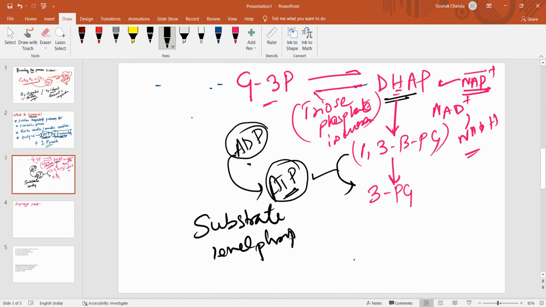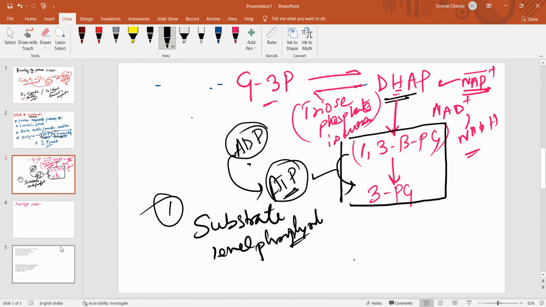Substrate level phosphorylation. What is the main step? That is 1,3 BPG to 3 phosphoglycerate. Substrate level phosphorylation occurs here. So this is the first substrate level phosphorylation. We are basically getting an ATP molecule.